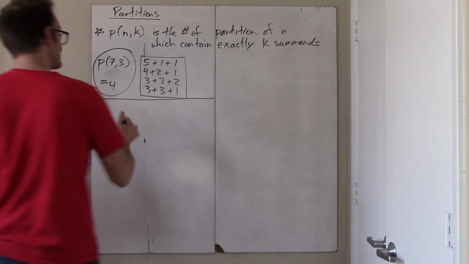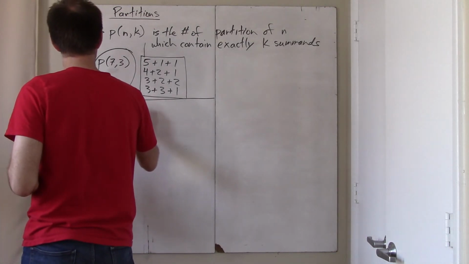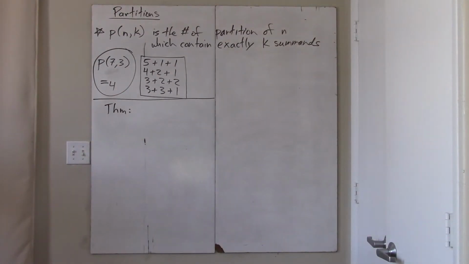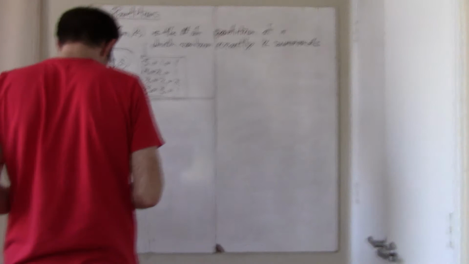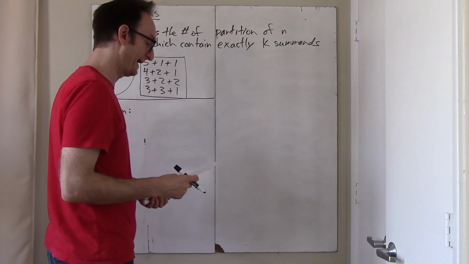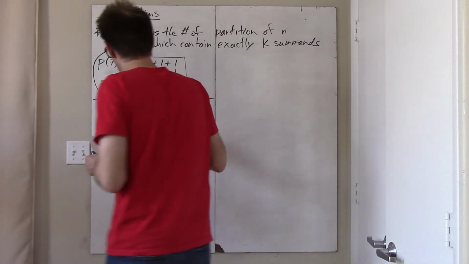So here is the theorem. Maybe I can't remember how I'm supposed to teach this, but I do know what I'm talking about. This is known as a recurrence relation, or a method to recursively compute these things. Here's the theorem.